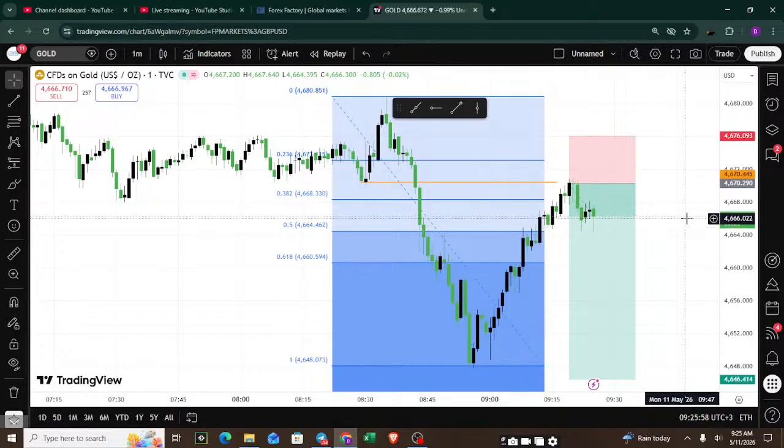So we are going to give this trade at least, because it is already in profits, maybe at least 10 minutes or 30 minutes, 30 to 40 minutes to get to a take profit. But if it takes us out, there's no problem.